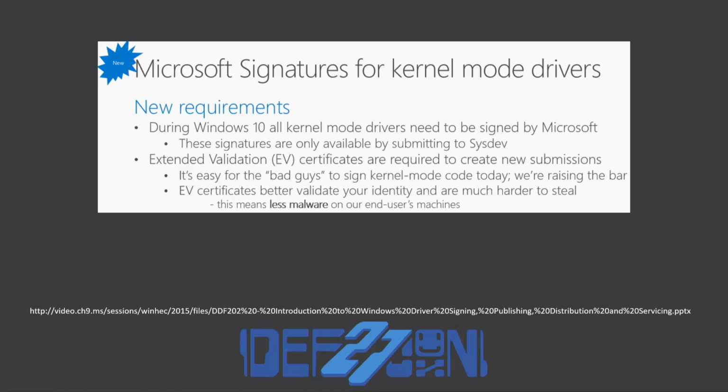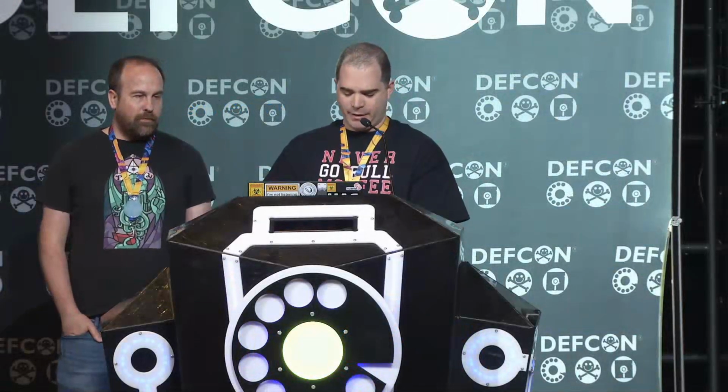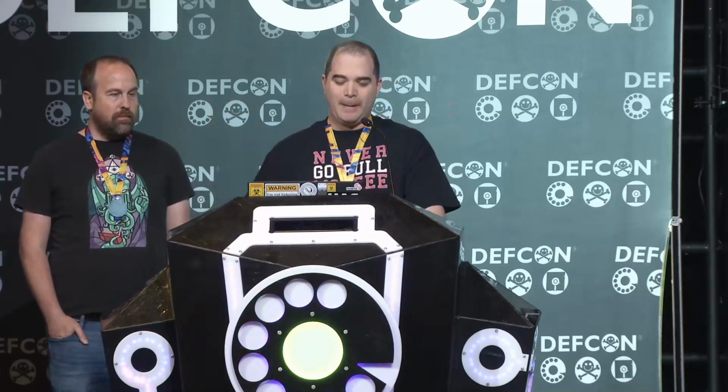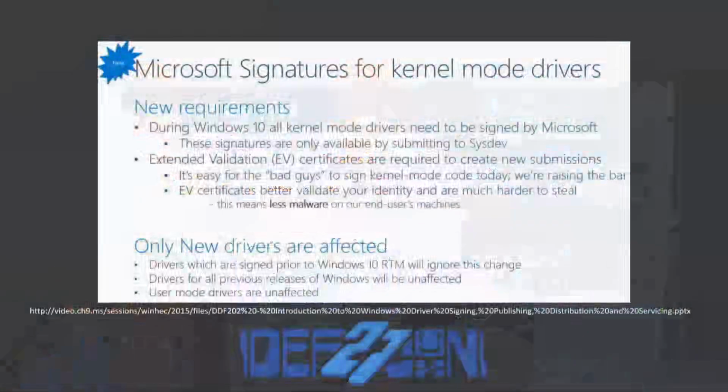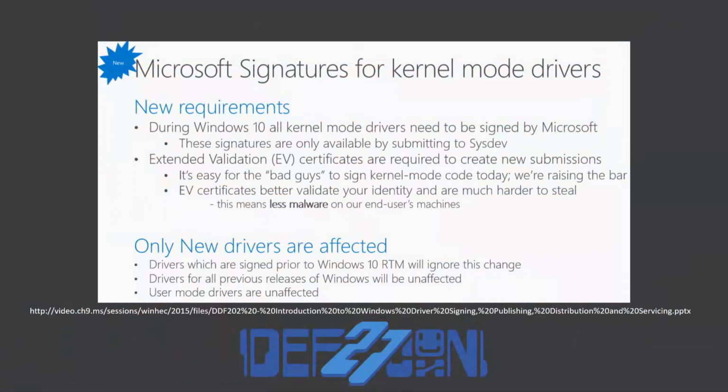These are slides we found from a Microsoft presentation given in Shanghai in 2015 when they introduced this. The funny thing is that the bad guys are referenced here, and that EV certificates are better because it means less malware, but not for legacy. If you have an old driver that's already signed, do whatever you want with it.